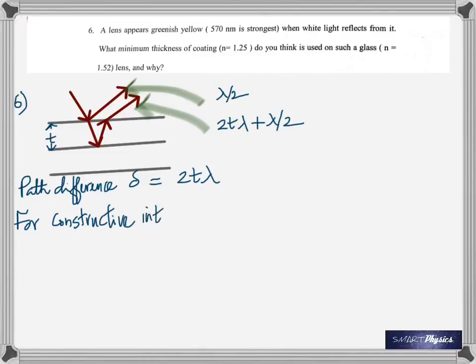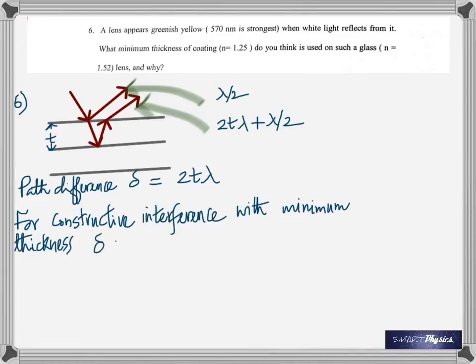And for constructive interference, we know the path difference must be equal to m lambda. So with minimum thickness, for constructive interference, delta is equal to lambda. How do I get that?